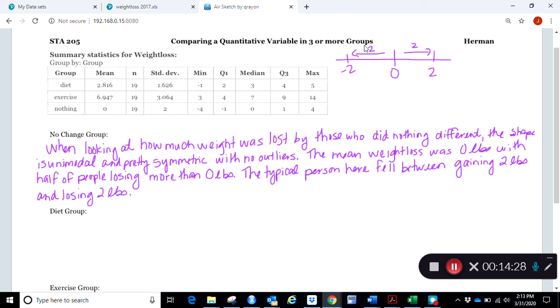Remember, we were recording the weight loss, so this -2 are the people that gained 2 pounds, and here actually the +2 would be those that lost 2 pounds.